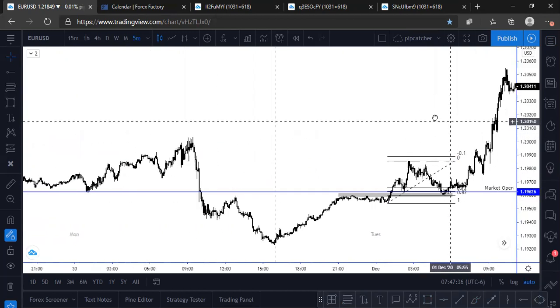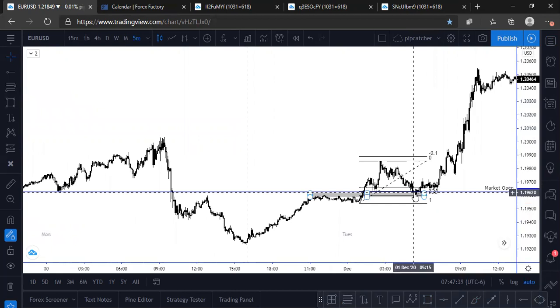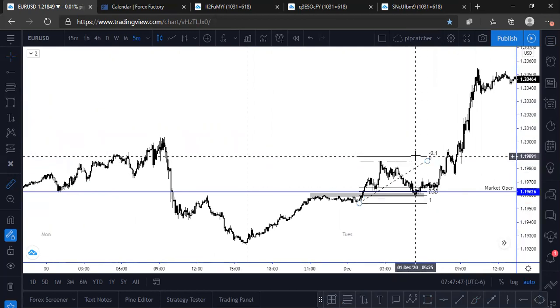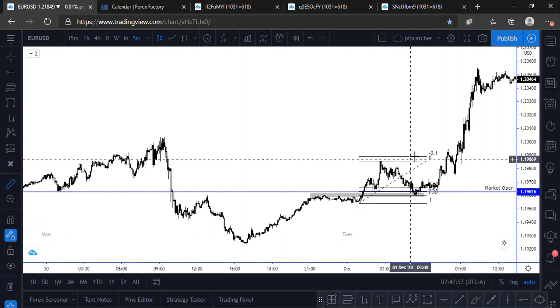So with that being said, we see this entry down here. Now, look at the risk to reward. You always want a place where you can take partials, and for me, that is always on this negative 10 fib.